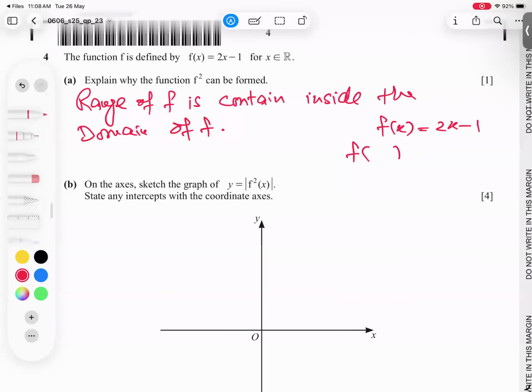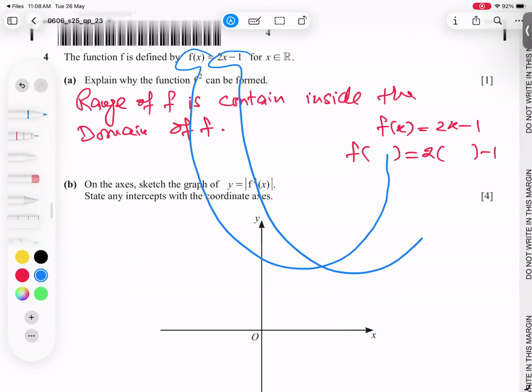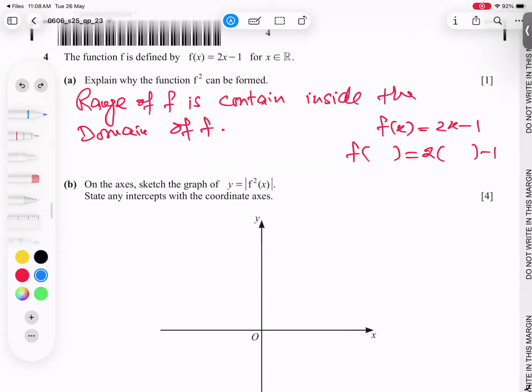Empty space left side, empty space right side. So this function name will come here and function value will go here. So 2 2s are 4x, negative 2, negative 1. So I'm getting 4x, negative 3. f square of x.